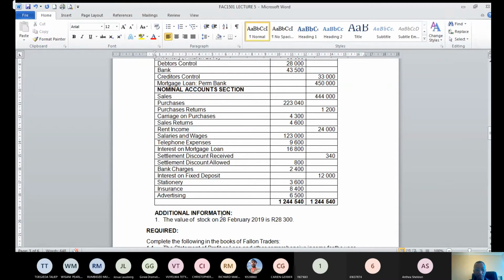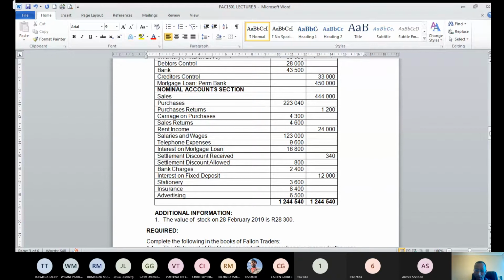Please take note that your closing inventory will appear in your additional information, because your additional information tells you that the value of the stock on the 28th of February 2019 is 28,300. I'm sorry, that is your closing inventory, the value of your inventory at the end of the financial year.